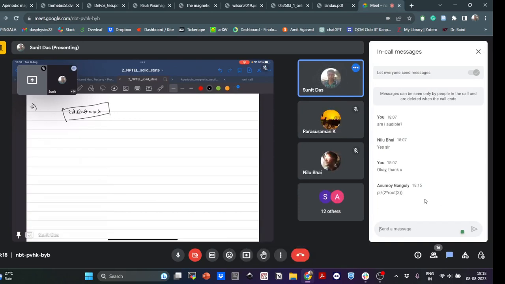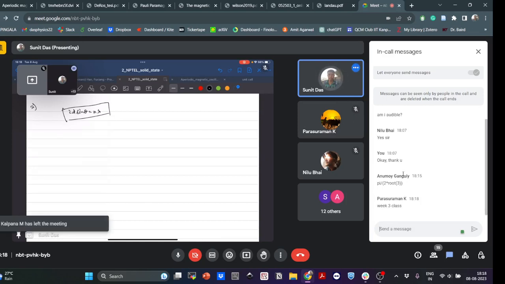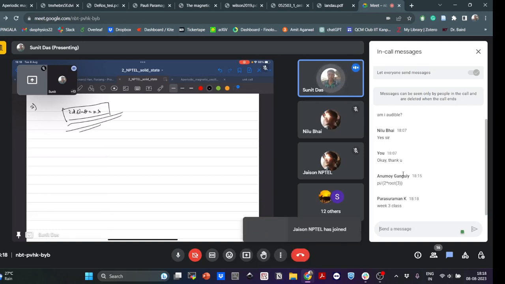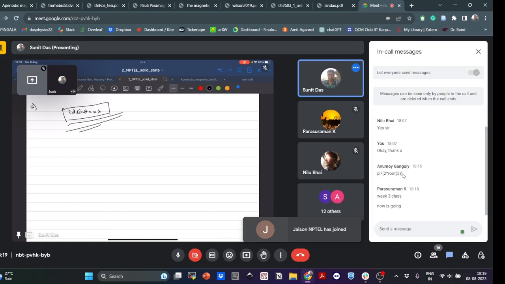Yeah, Kalpana. Yeah, week 3 I have seen, but how much of it is covered, I mean the concept, does it include this formula 2d sin theta equals n lambda and all those things? Okay, fine. So we'll do problems based on this formula in the next session.